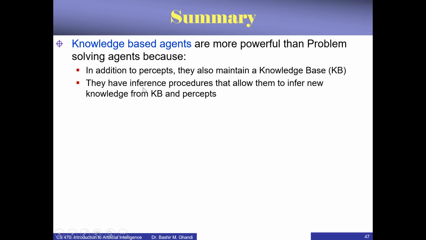So this being able to infer new knowledge is what makes them more powerful. Actually, we should know that these knowledge-based agents are the building blocks of expert systems. Okay, expert systems are developed based on this idea.